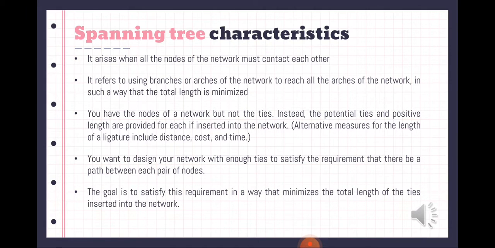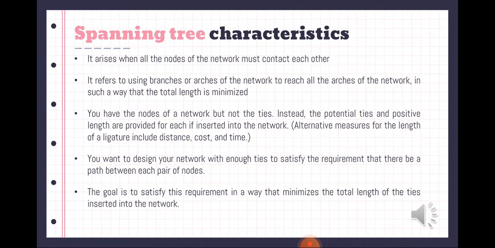You have the nodes of a network but not the ties. Instead, the potential ties and a positive length are provided for each if inserted into the network. Alternative measures for the length of a tie include distance, cost, and time.